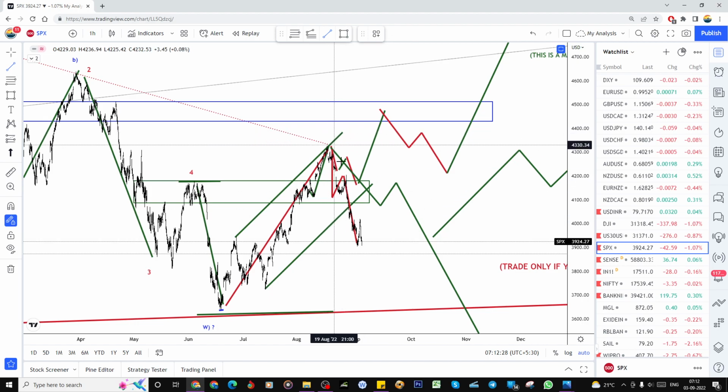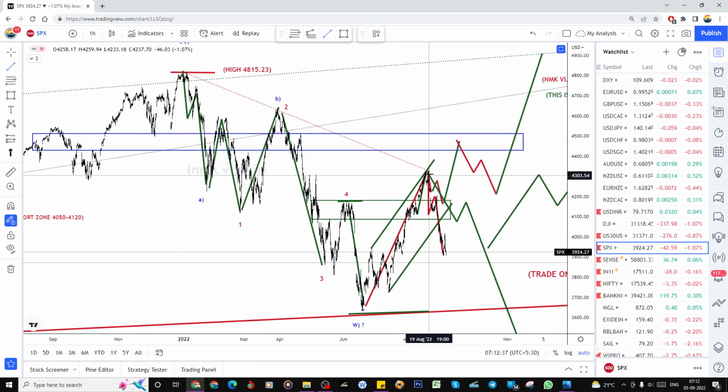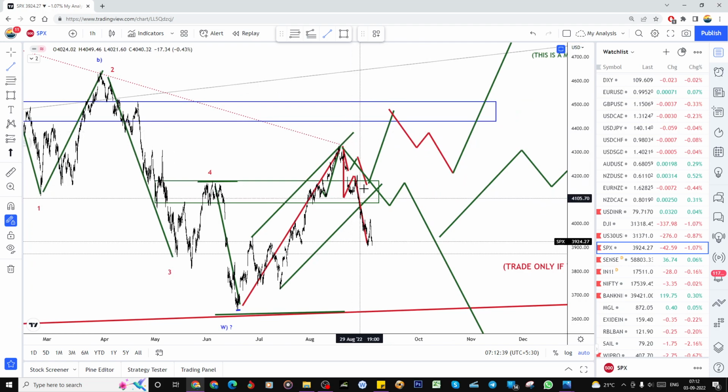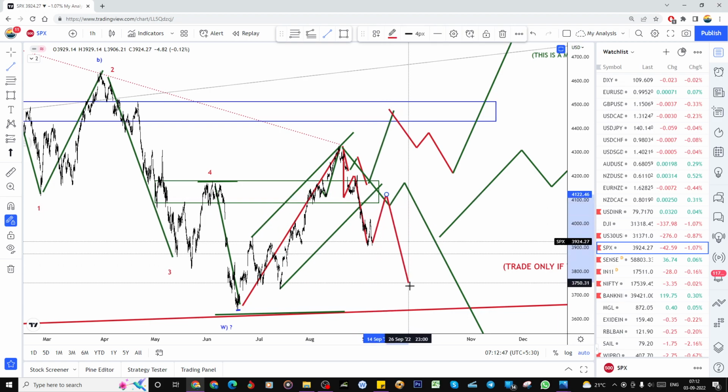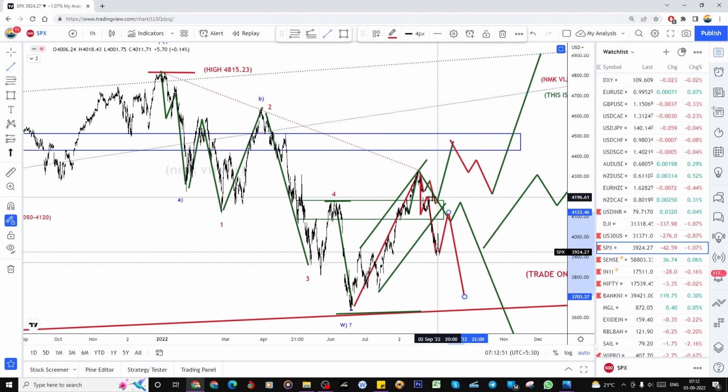Or if it is a W, this is the one X ABC. So anyway, I'm looking for the bounce. Alternatively, if this is the connecting wave for this downtrend, whether ABC or 1 2 3, we are expecting at least 50%. So the bounce can happen later onwards. It can come to that like this one. Somewhere here I'm expecting this bounce.